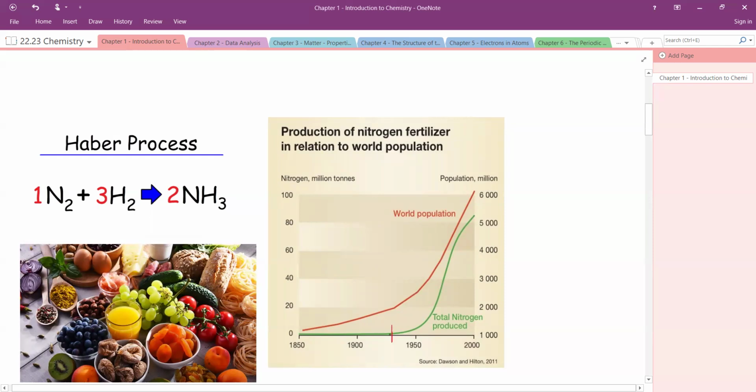And you can see once that Haber process was invented, we have exponential growth of food production and therefore our world population. So chemistry directly caused our population to increase from around 1,000 million people all the way up to 6,000 million people, or 6 billion people, by 2000.